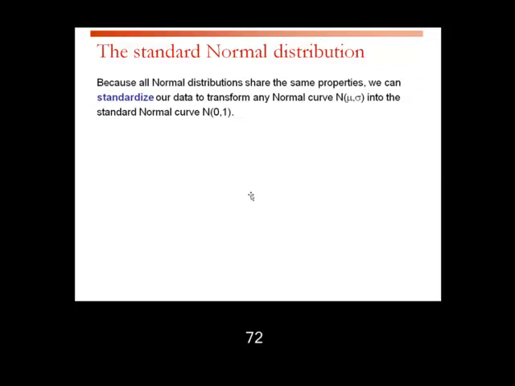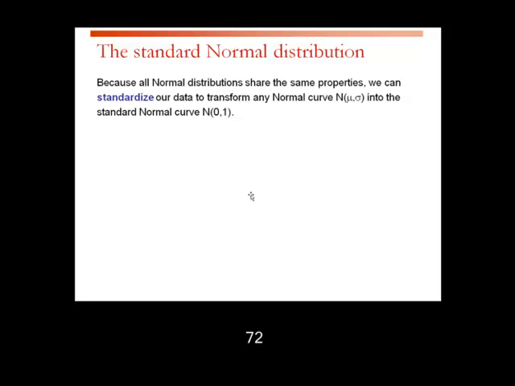So here is the nice property. The standard normal always has a mean of 0 and a standard deviation of 1. So I can take any normal distribution and convert it to the standard normal. Then all I need is one table to look at the area under the standard normal. This table that you have is the area under the standard normal. If you look at it, it will be Table A, page T2 on the left.